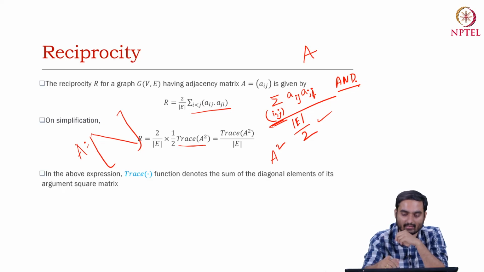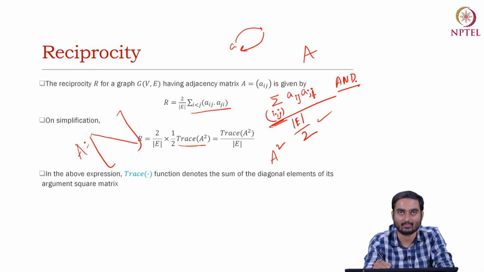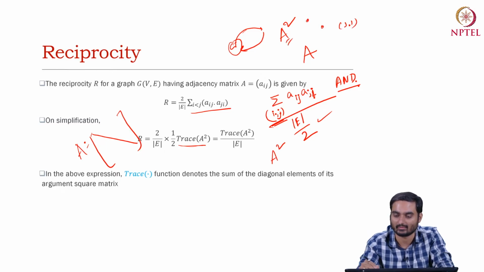And we are actually looking at 2 hops from A to B and B to A. So if I start from A and through 2 hops I come to A again, then it would basically be a reciprocal edge. So if I multiply the adjacency matrix A with itself, and look at the diagonal elements, say 1 1 in this A square matrix, if this is 1, it indicates that there is a reciprocal edge.